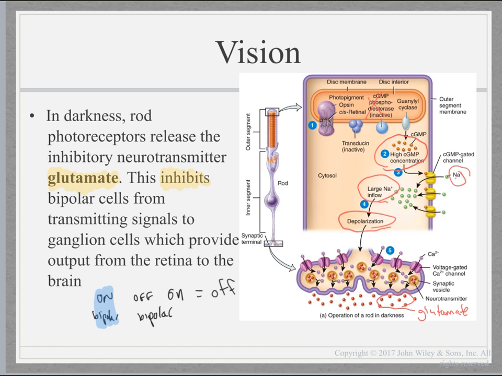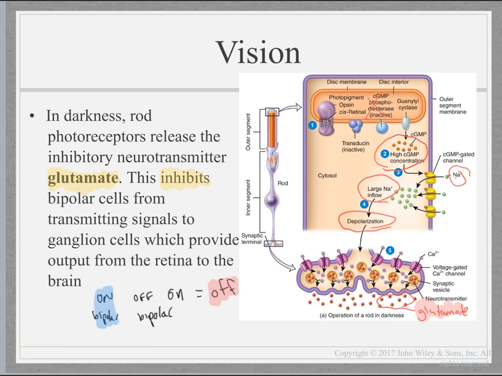By essentially turning the system off, so on equals off. We are releasing this inhibitory neurotransmitter, glutamate, which inhibits the on bipolar cells and excites the off bipolar cells.